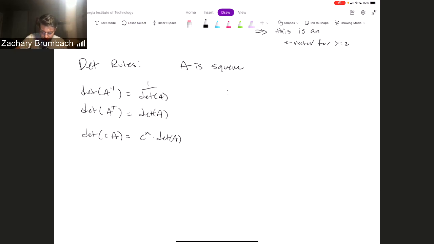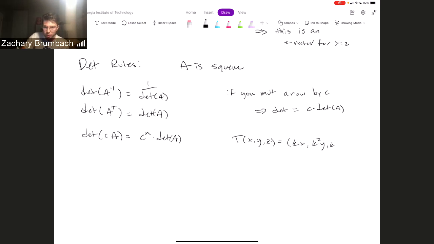Remember, one of the other things is if you multiply just a row by C, the determinant is equal to C times the determinant of A. All right, so in this case, we have T of x, y, z equals kx, k squared y, k cubed z.